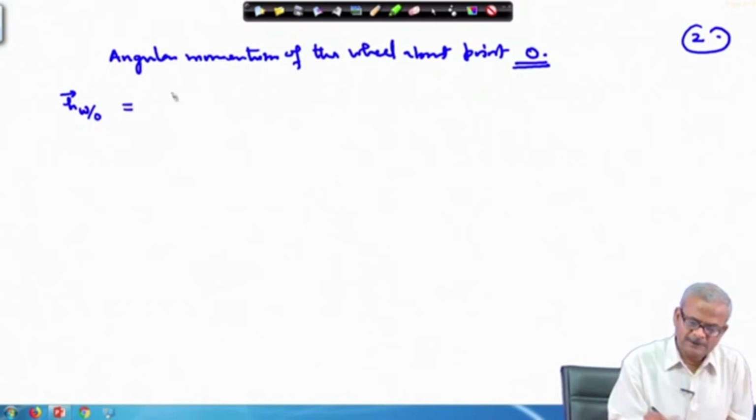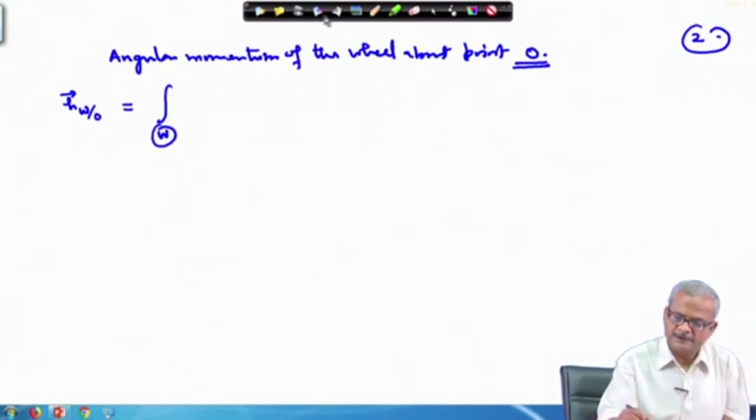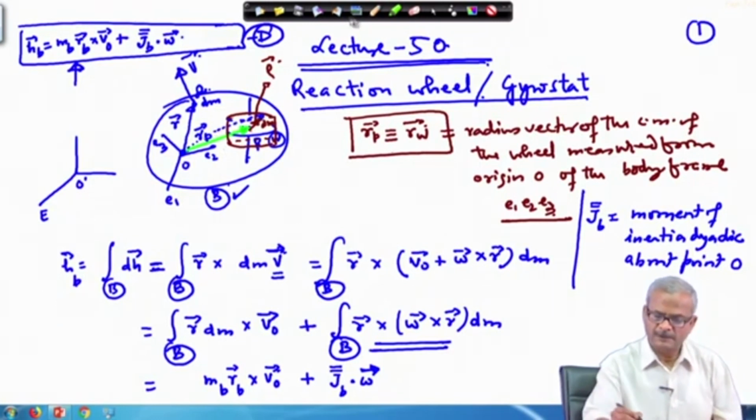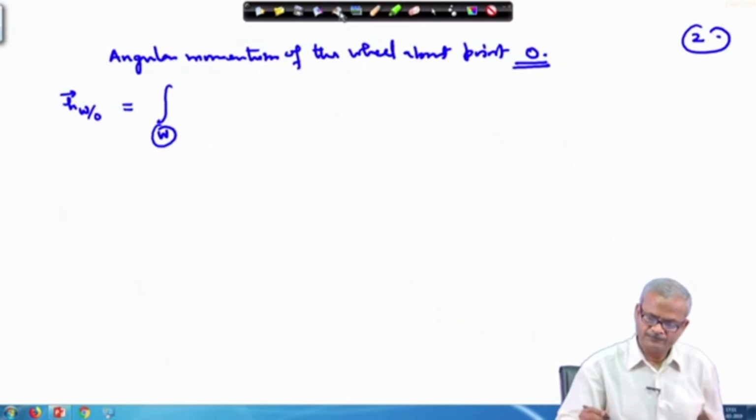Okay. So, we have to integrate it over the wheel, and any point in this wheel, as I am showing it by this one, we have to draw a radius vector to this point. Okay. So, I will do it on the next page.